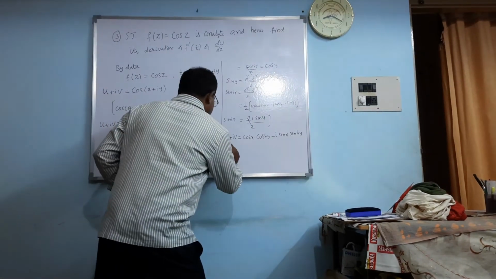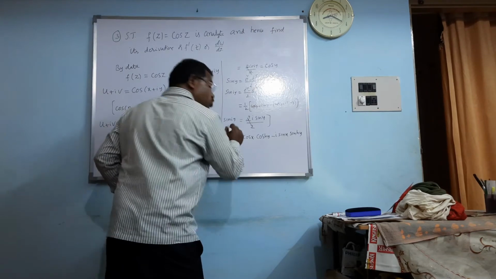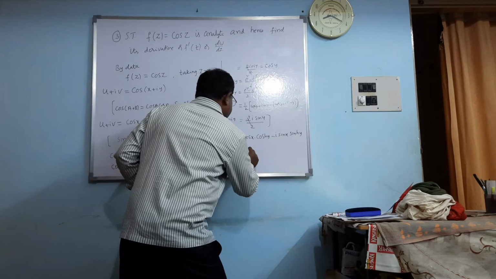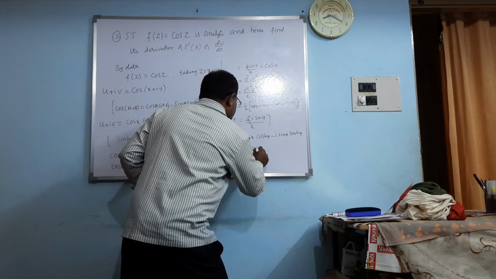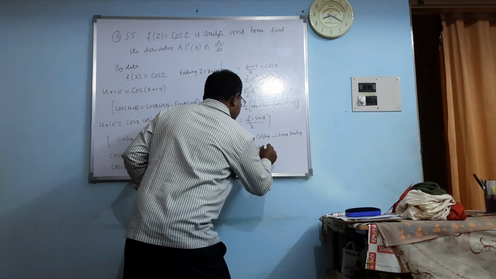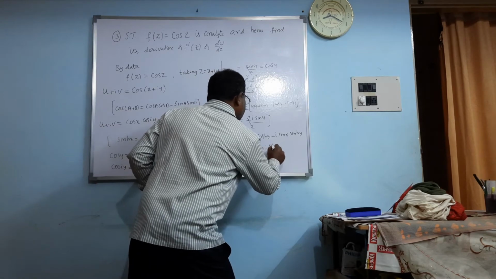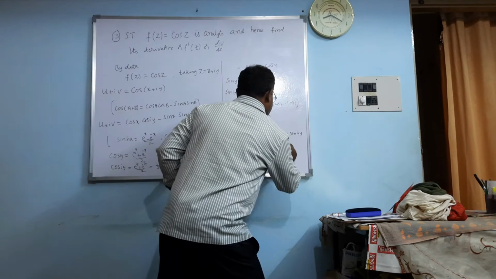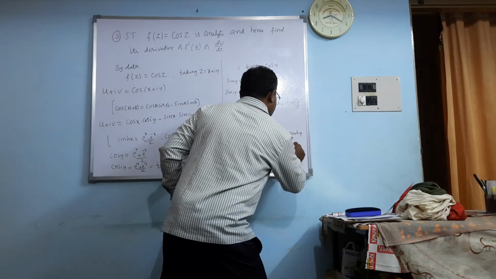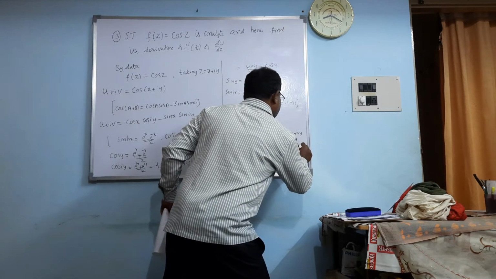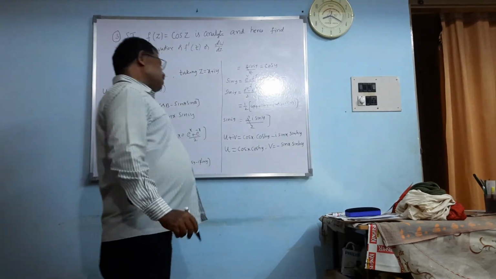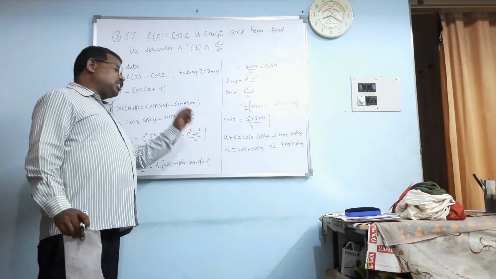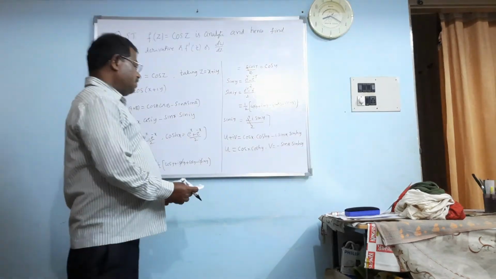Write down: u, the real part, is cos x cos hy. v equals minus sin x sin hy.